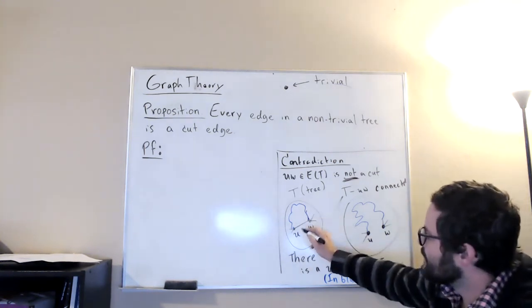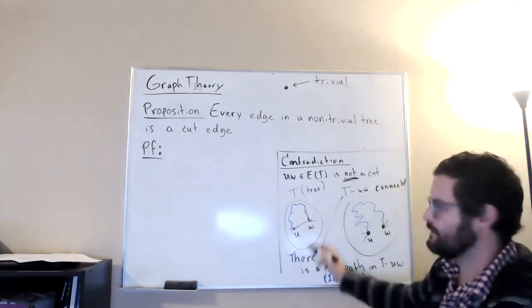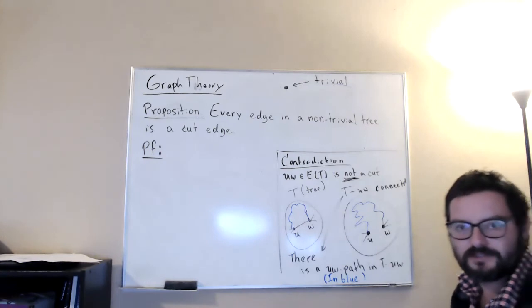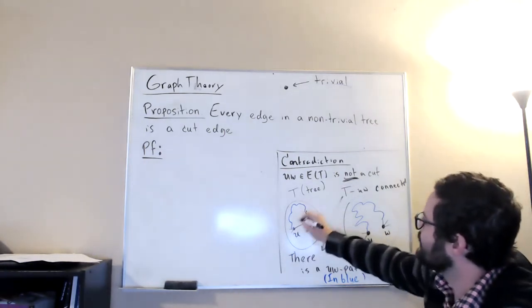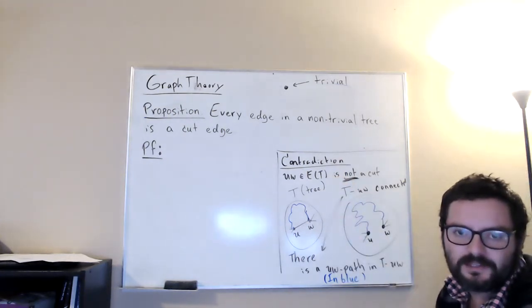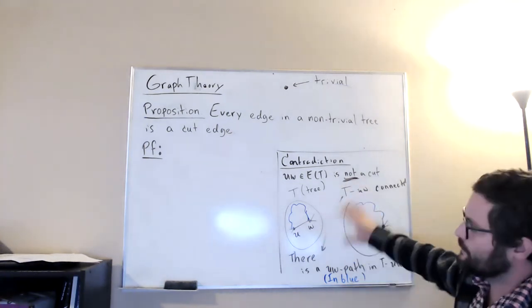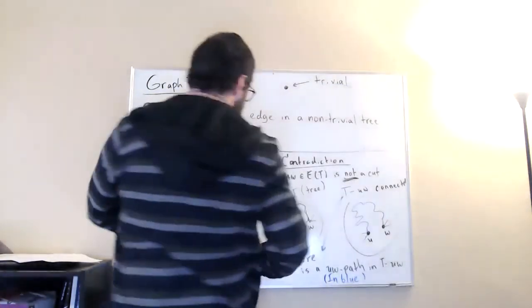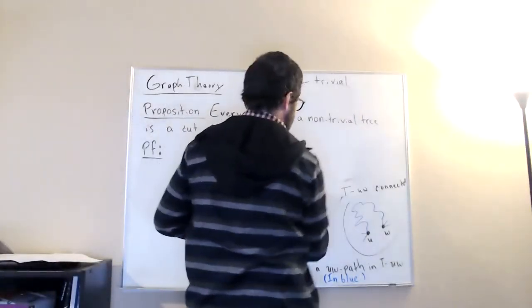If there's an edge between U and W, and there's also a path that doesn't use that edge, together that makes a cycle. But that's a contradiction, because T was a tree, and T didn't contain any cycles. So this is the scratch work. Now I'm going to write it out a little more formally, and I'll draw a picture along the way so that you can see it.